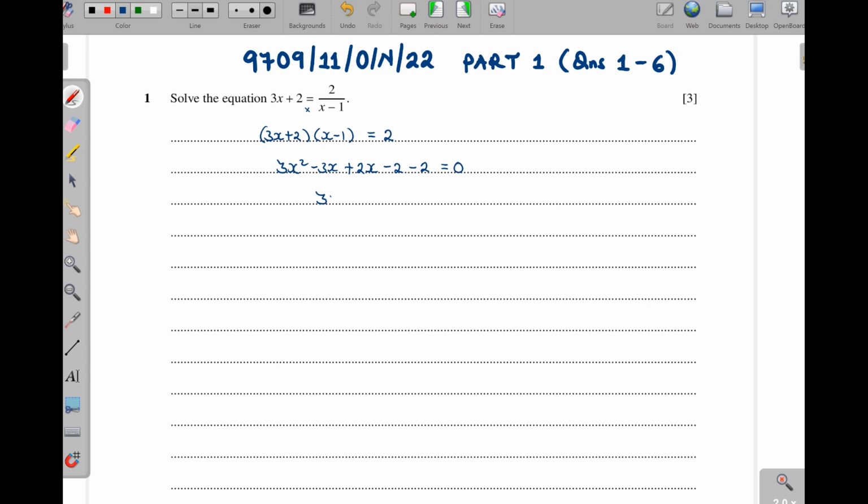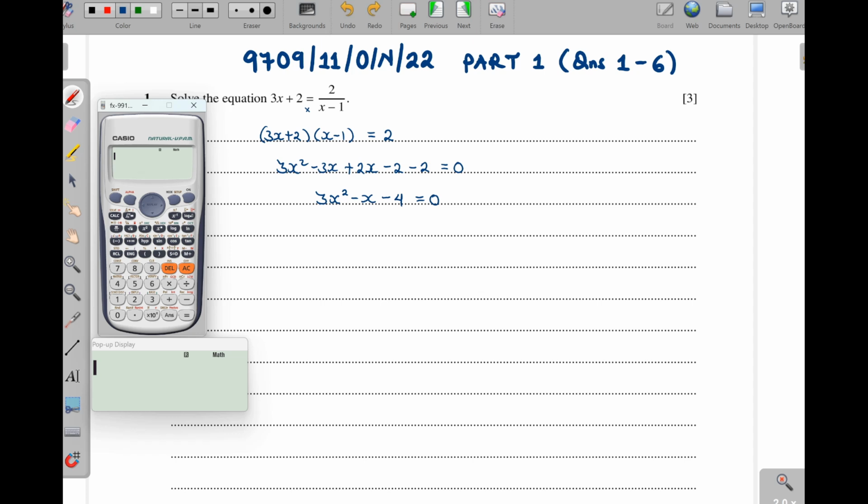So the quadratic that comes from here is 3x squared minus x, because when you simplify, you get that. Then minus 2 minus 2 is minus 4, which is equal to 0. We can put this in the calculator to simplify the work. We go to mode, then equation is 5, and then quadratic is 3. Then we enter 3, then negative 1, and then negative 4.